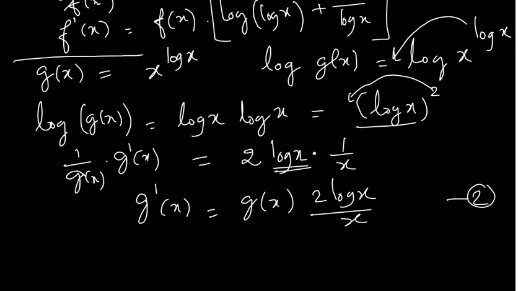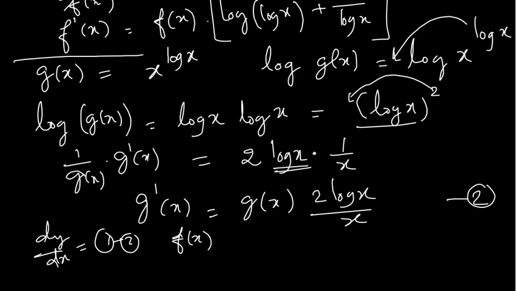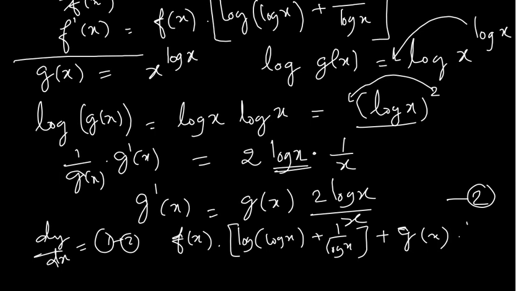So 1 is this, f of x into log x plus 1 by log x, plus this one, g of x into 2 log x by x. So next step, whatever is f of x, substitute that, whatever is g of x, you substitute that. Okay. So that is the final answer.